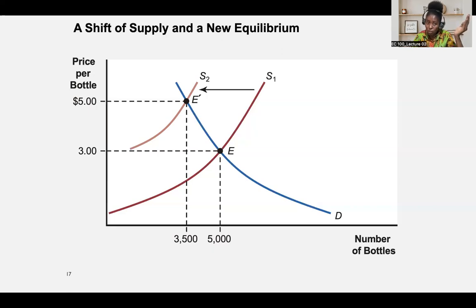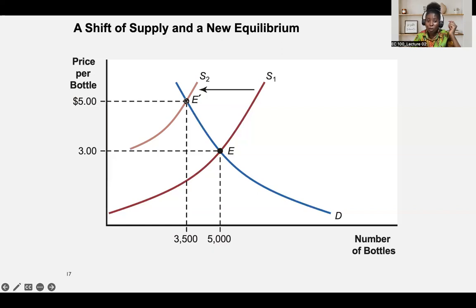Demand has not shifted, but what happened to the equilibrium price? Equilibrium price was $3. Now equilibrium price is $5. So the new equilibrium price has risen, is higher. How about the quantity? Equilibrium quantity was 5,000.